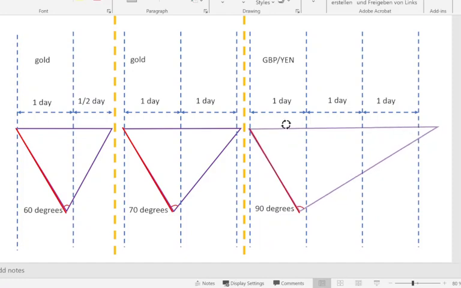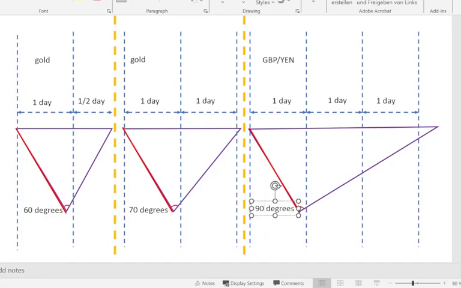That's why you should see how you can apply it in your work, in your analysis. I find it very, very helpful. But here in this video, I will talk more about the gold pair because it's so interesting as the angles are different for this pair than for the GBP yen.